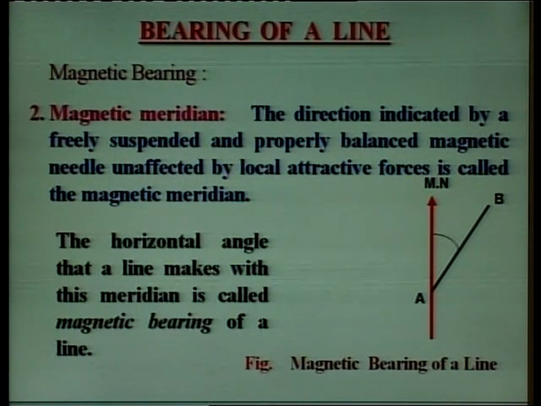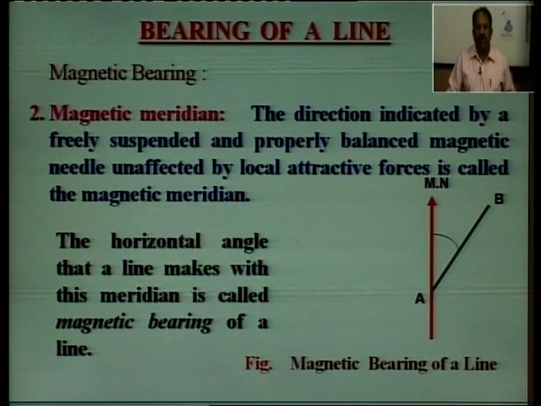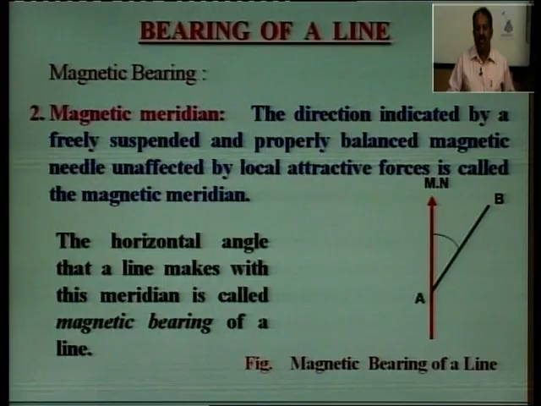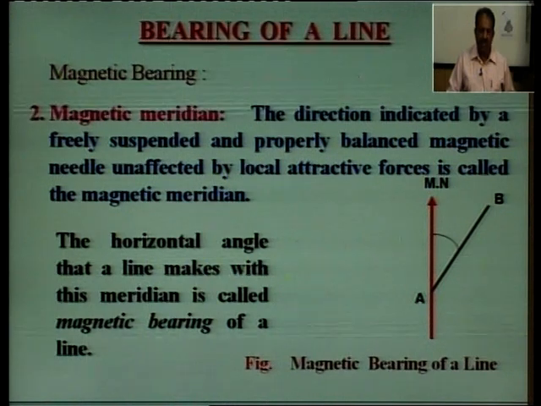So, the direction indicated by a freely suspended and properly balanced magnetic needle unaffected by local attractive forces is called the magnetic meridian. The horizontal angle that a line makes with this meridian is called the magnetic bearing of a line. So, please see on your monitor screen the diagram relating to the magnetic bearing of a line.